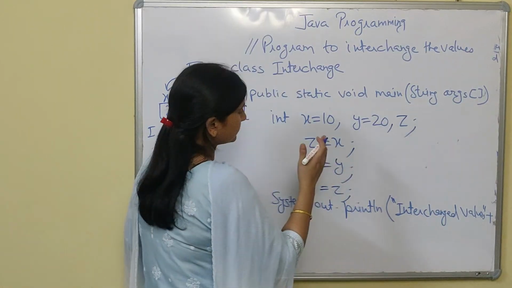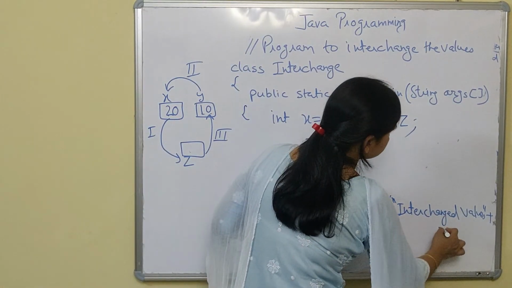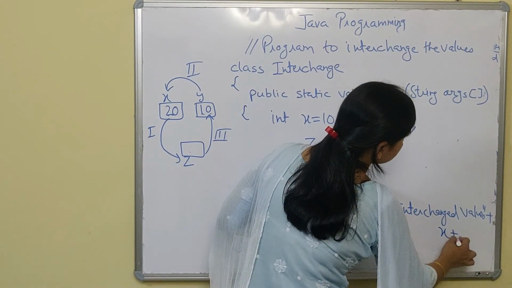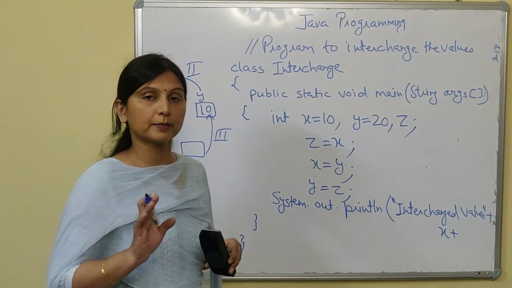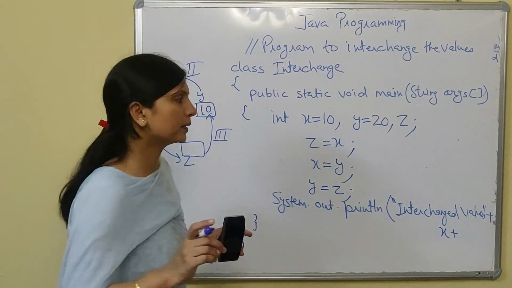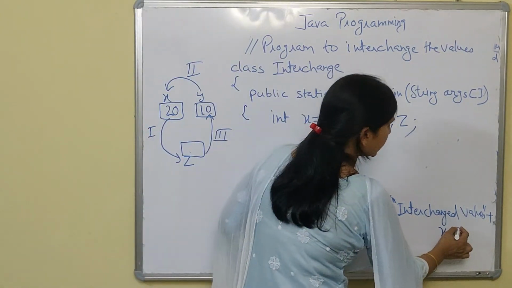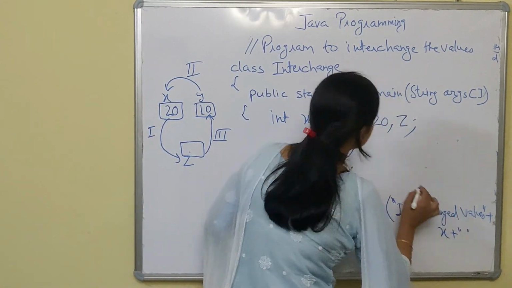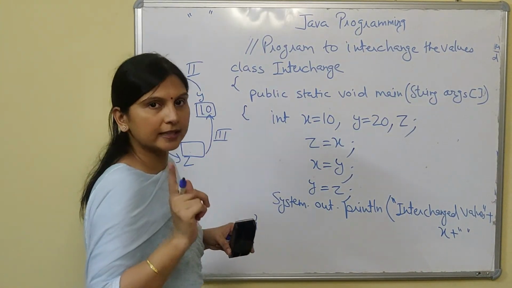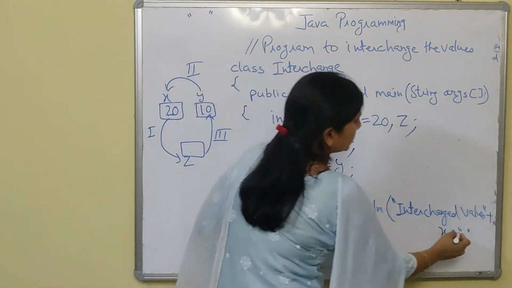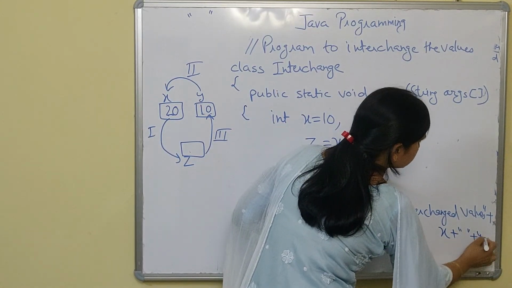What are the values? X and y. X plus, now if you write x plus y, there will not be a space. To give space, you will give a blank. How will you give a blank? You will just write double quotes, fine, to give one space. Plus y.